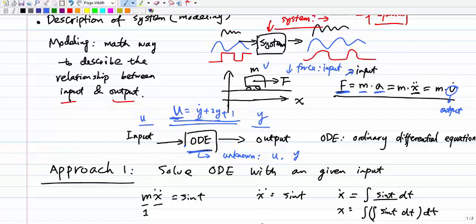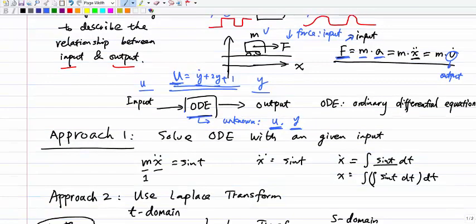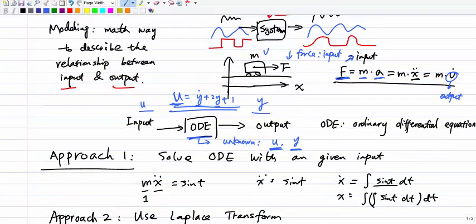Other parameters we assume are all known. So assuming that we are given a u, we can figure out y, because y is the only unknown variable in the differential equation. Meaning we can solve the ODE with a given input and find the output.